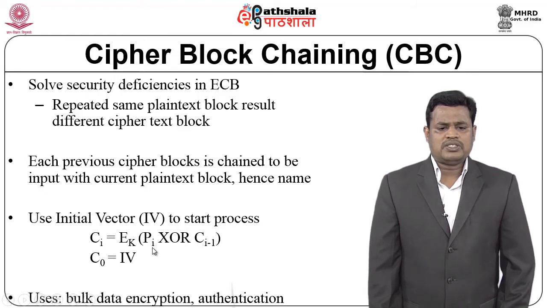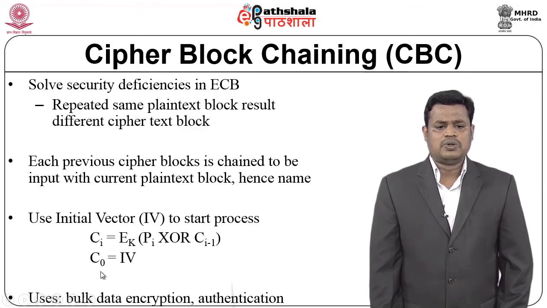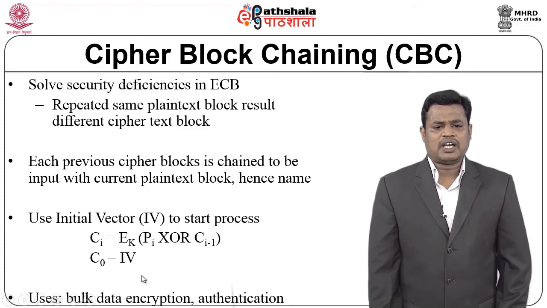In addition to that we have the initial vector. To start the process, earlier it used Ci = EK(Pi), but instead of going directly for C1, we have C0, the initial value. C0 is equal to IV, where IV is nothing but the initial vector. We know very well that the aim of the initial vector is to give randomness to our encryption process.